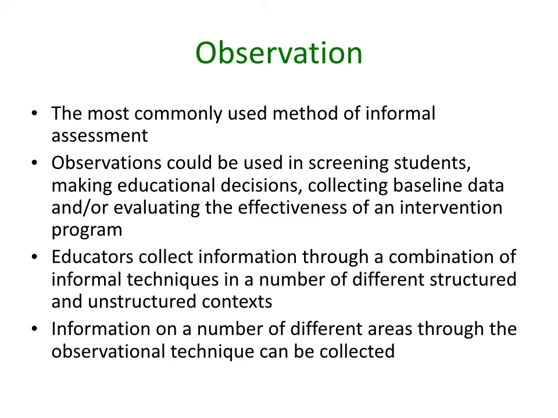Observation is the most commonly used method of informal assessment, and it can be used in various ways, like screening students, making educational decisions, collecting baseline data before intervention, and evaluating the effectiveness of an intervention program. Teachers can collect information through observations in various settings, like structured and unstructured contexts in a school.